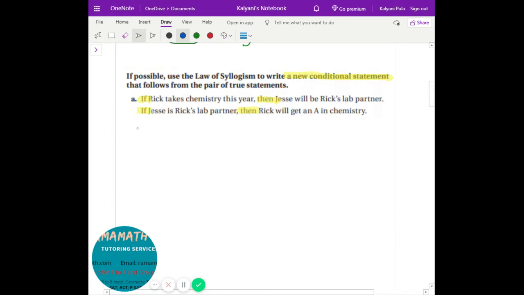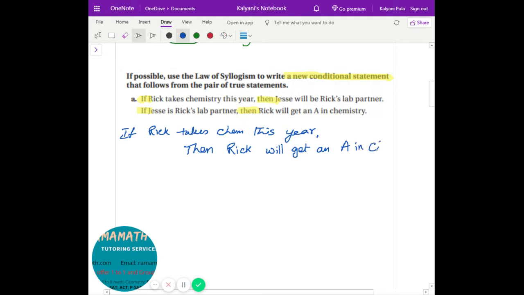If Rick takes chemistry this year, then Rick will get an A in chemistry.